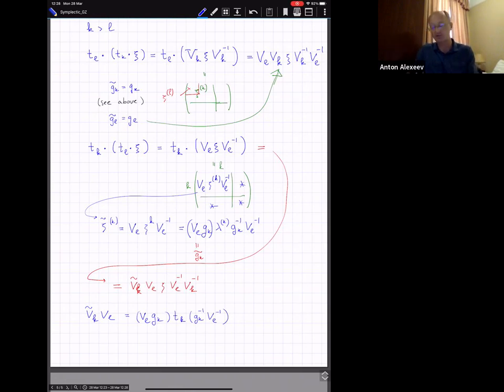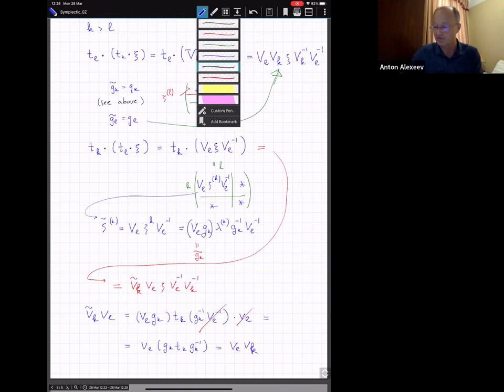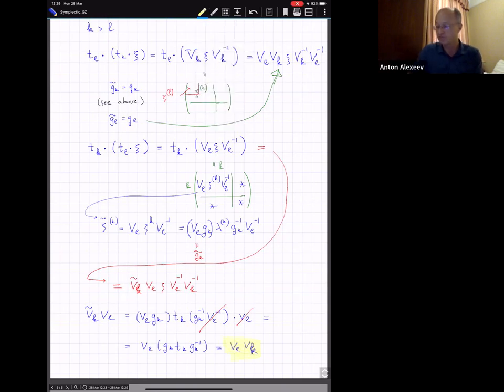So that's this VK tilde times VL. What is it? Well, that's a simple identity. Those VLs cancel out. And we get VL times GK, TK, GK⁻¹. And this is VL, VK. And this VL, VK is exactly the same as this VL, VK over there, right?